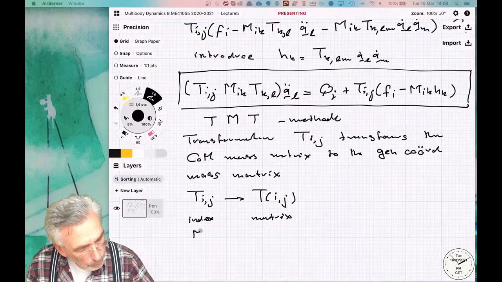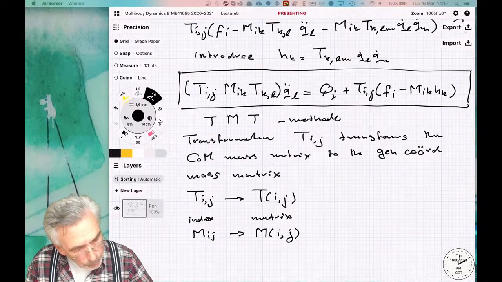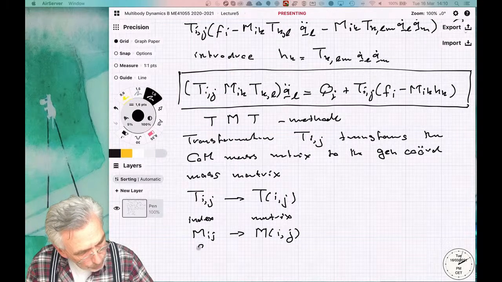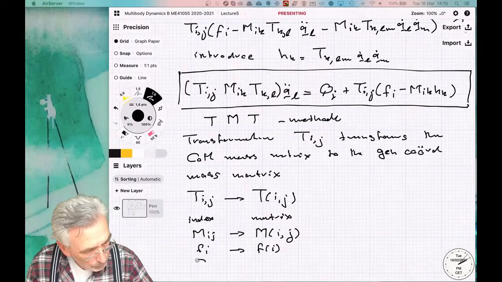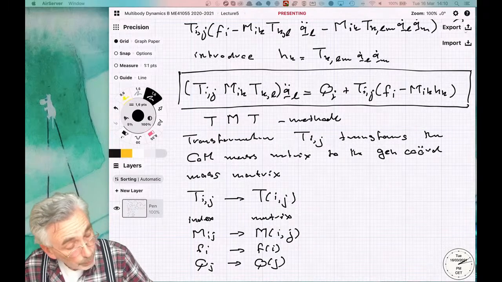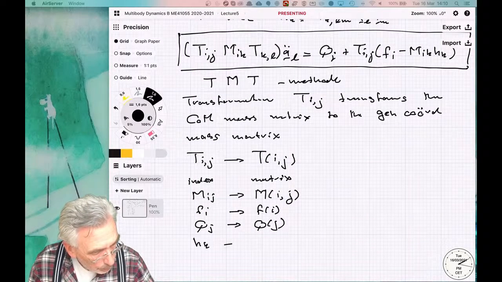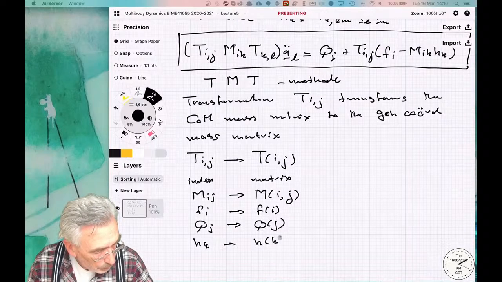Then the other index notation is Mij, and we're going to identify with a mass matrix with a column and a row. And what else do we have? Well, we have, of course, Fi, that's just a vector of forces. Qj, that's also just a vector of forces. And therefore I wrote this actually, Hk, that's just a vector Hk.